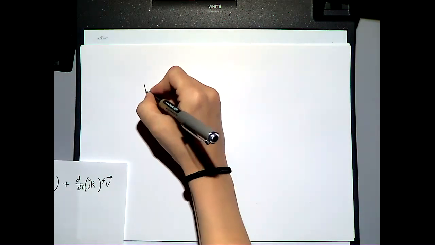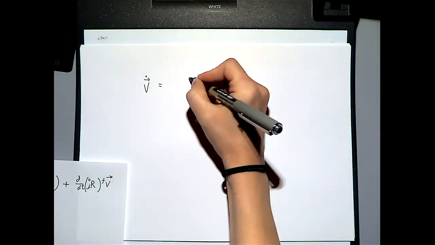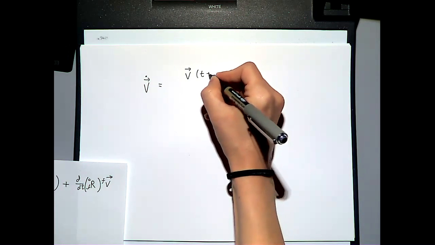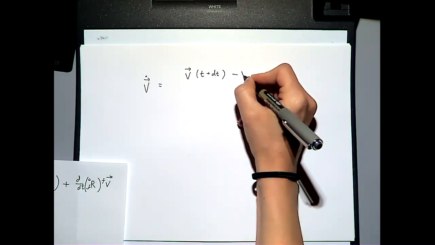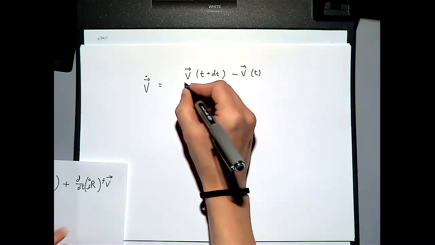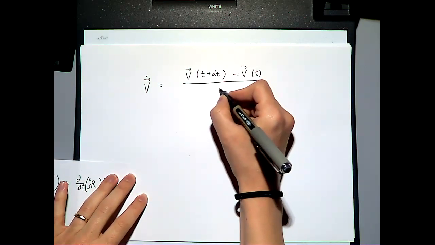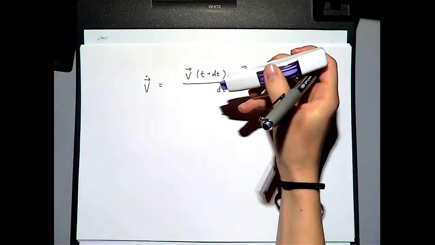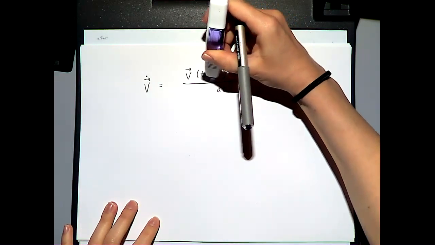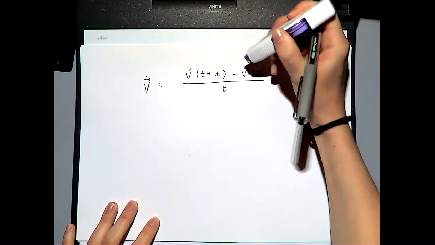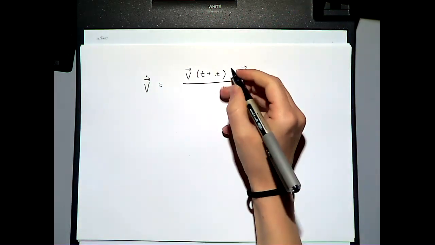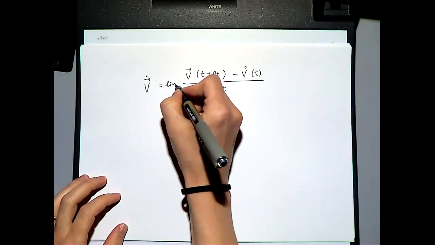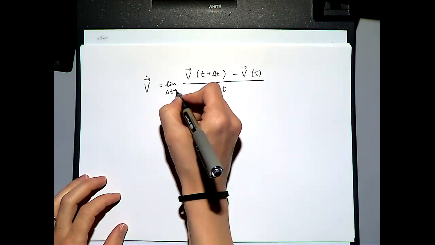I will write it like that: v dot we would define as v at t plus delta t minus v at t, divided by delta t, and sending this delta t to 0.